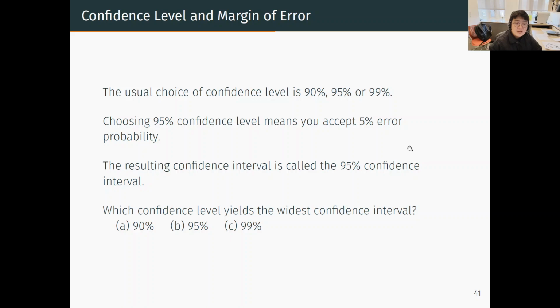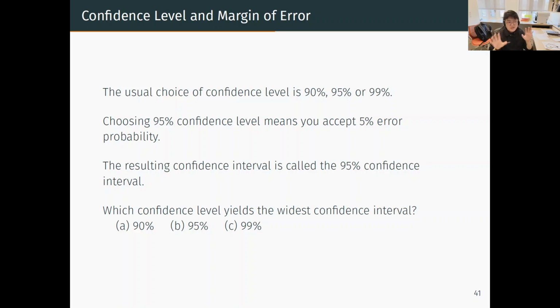So then, thinking about different choices of the confidence level, which one would have the biggest interval? Just think about that.